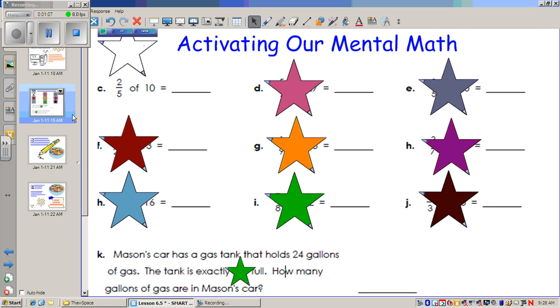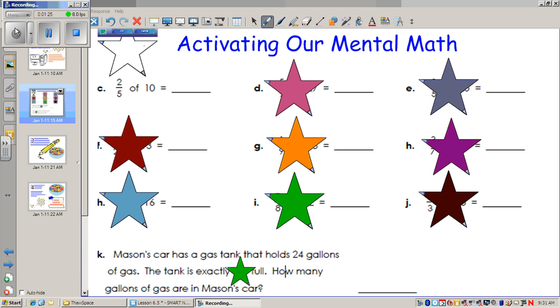So 2/5 of 10, and how do we do that? Remember what "of" means in math. Hopefully you're saying in your head, "of means multiplication, Mrs. Heath," and you would be correct. So how do I figure out 2/5 of 10?